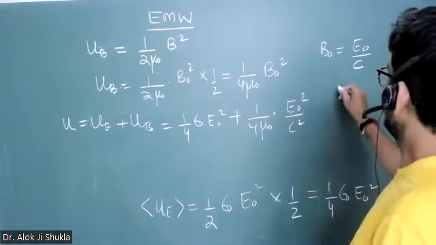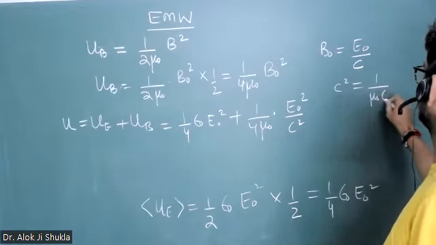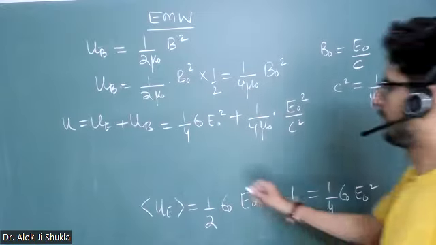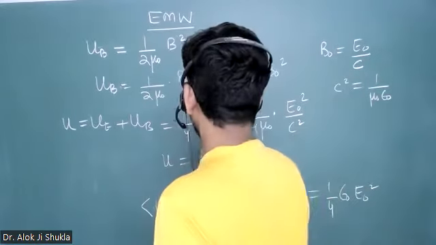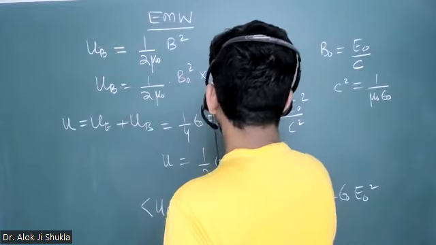And now you can see c squared was just 1 by mu naught epsilon naught. So this will become U equal to 1 by 2 epsilon naught E naught squared.